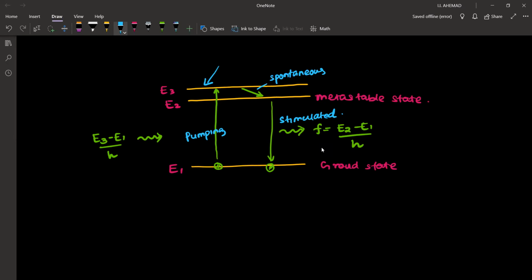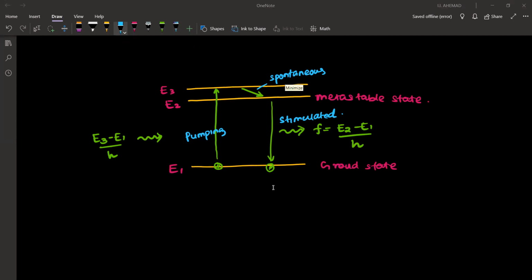So this energy is matching E3 minus E1. Therefore, this electron will move on. When I give this radiation, it will go to this level. First, is that point clear? During pumping, it will go to energy level E3. Is that clear?